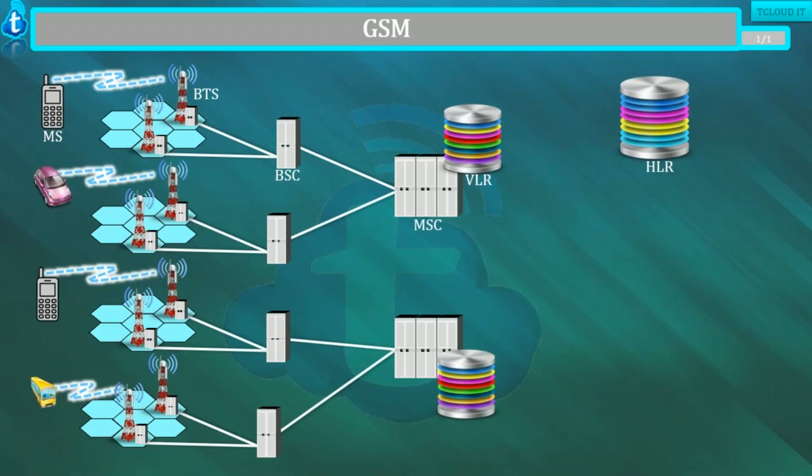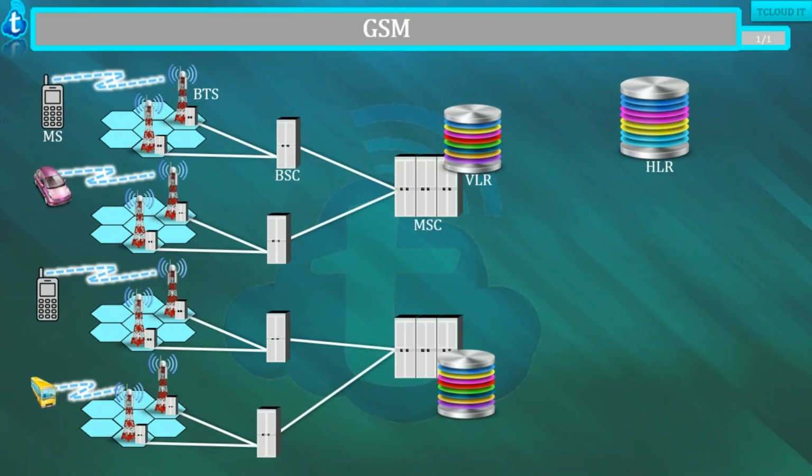Now, what is the specialty of HLR? HLR never makes any service-based decisions. It will be storing subscriber details. What is the subscriber number? What kind of services he subscribed, whether he has STD calls or not, whether SMS outgoing capability is there or not. Like that, this HLR will maintain all the subscriber details.